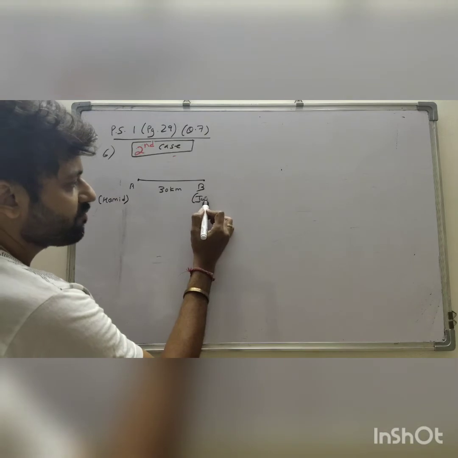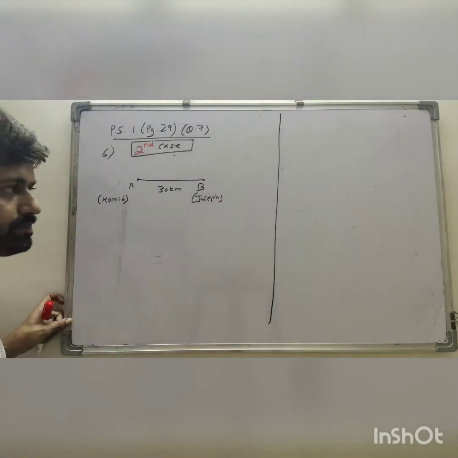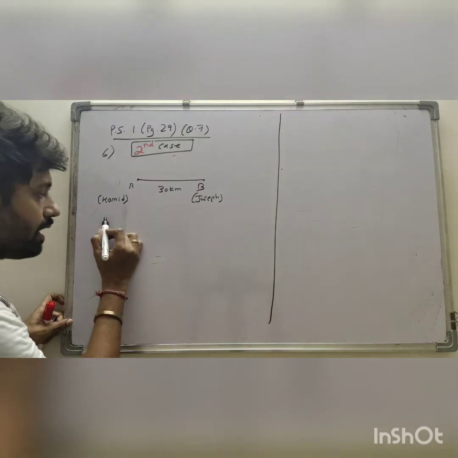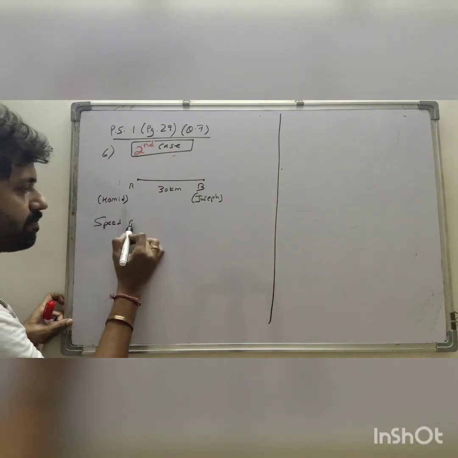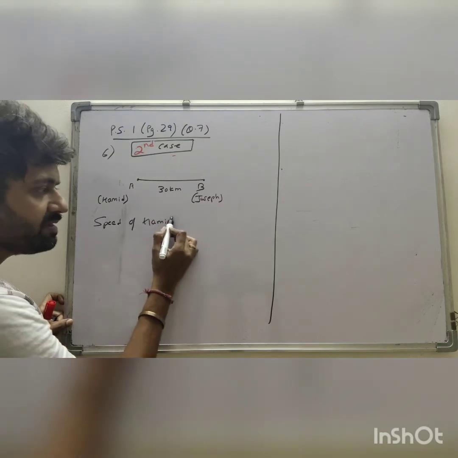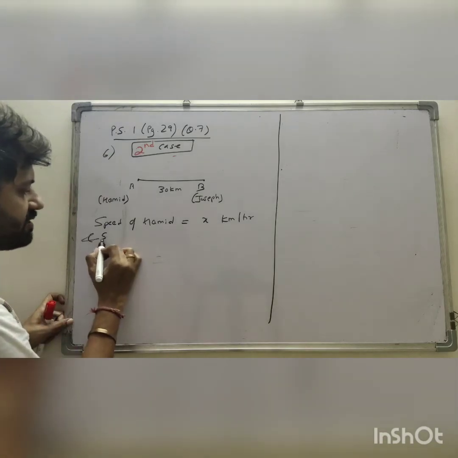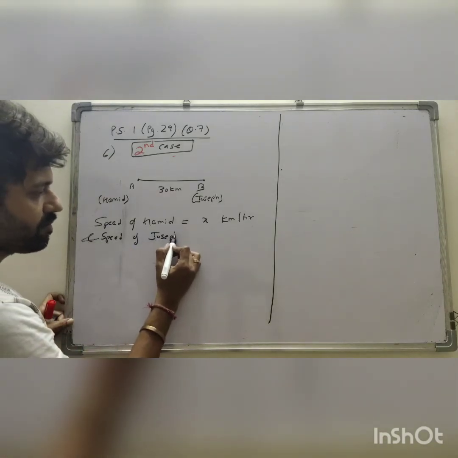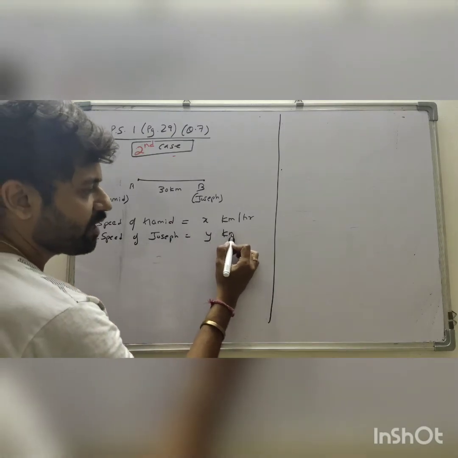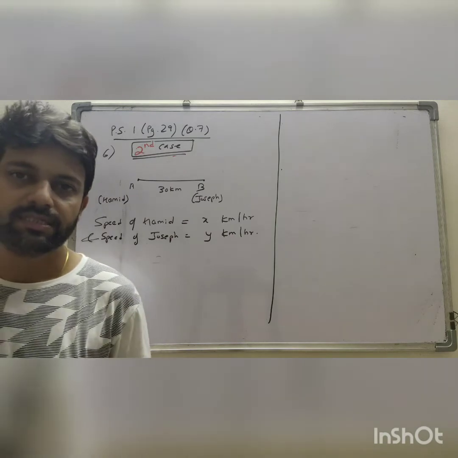Here is Joseph. Speed of Hamid remains the same, that is x kilometers per hour, and speed of Joseph is also same, y kilometers per hour.